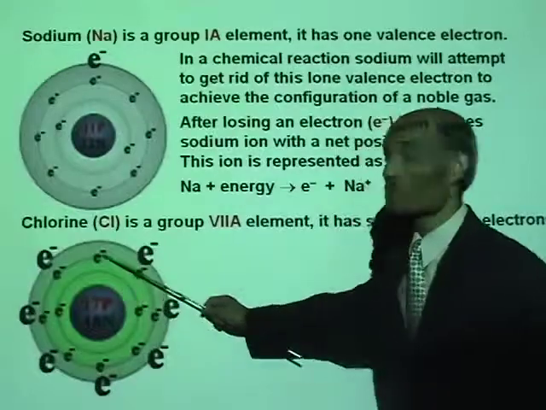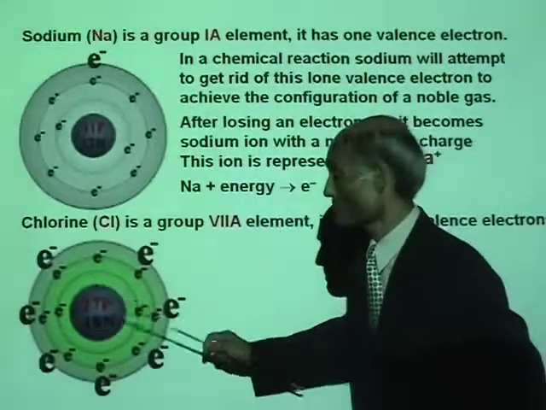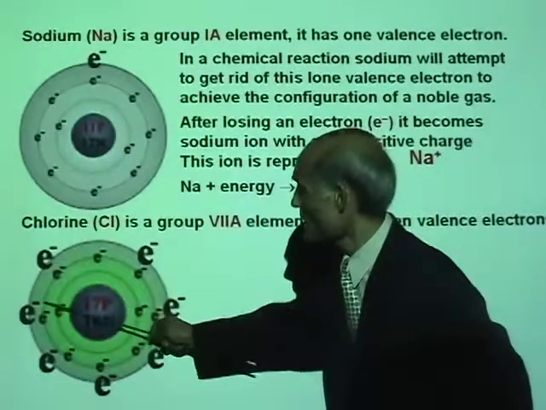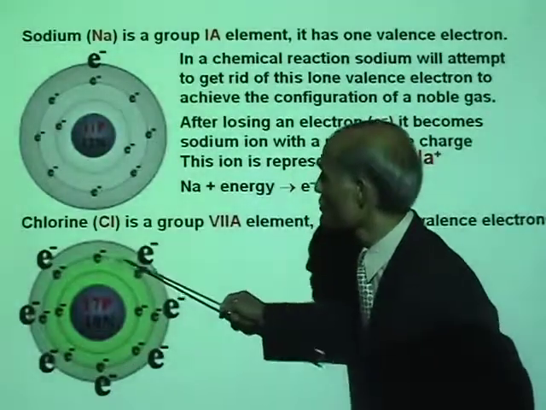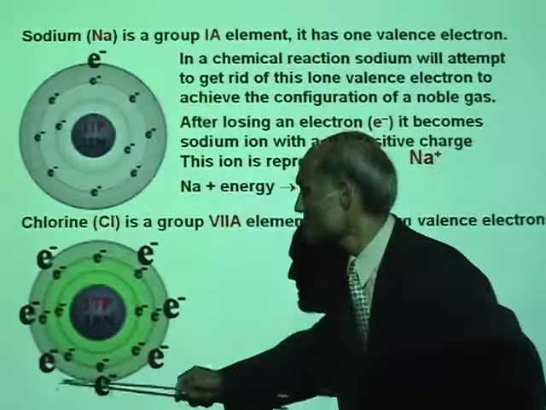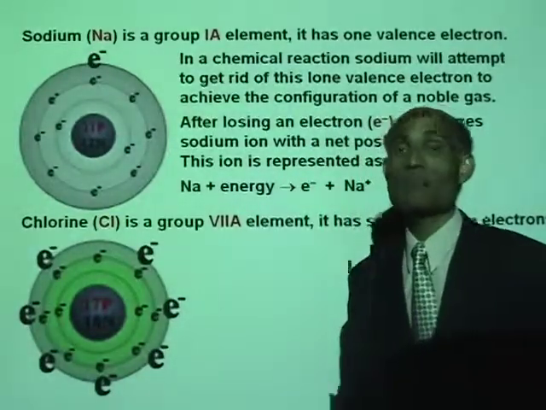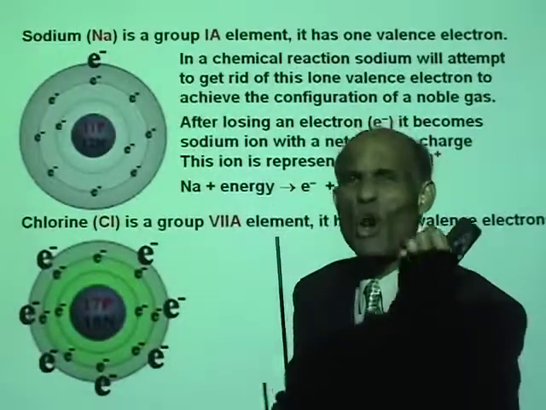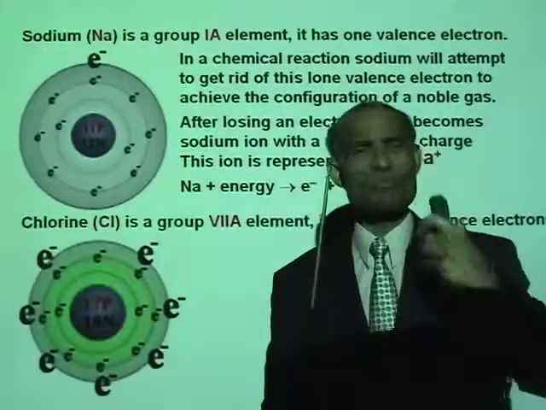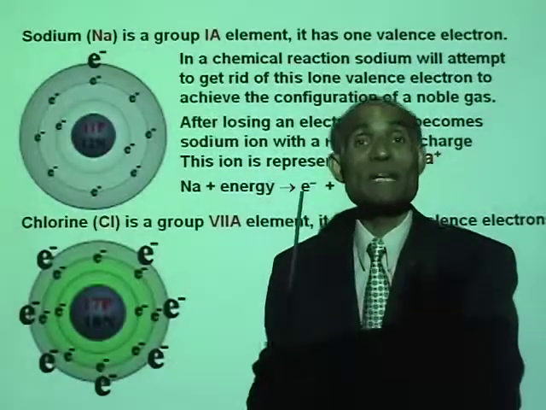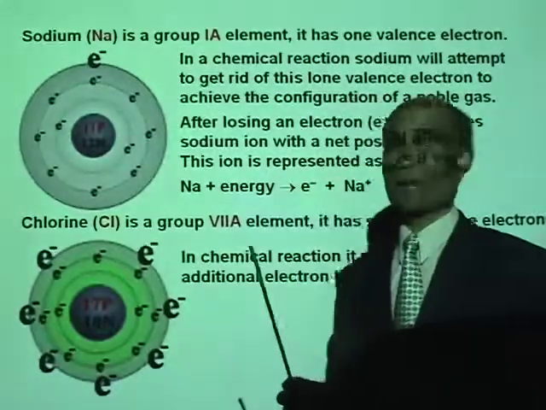Now, this is a chlorine atom. You have 2 electrons in the inner shell, 8 electrons in the second shell, and 7 electrons in the third shell. That means chlorine is longing for just one more electron so that it can have a completely filled outer shell.